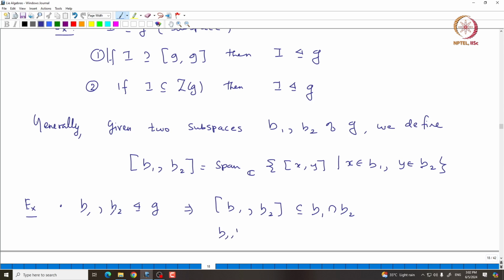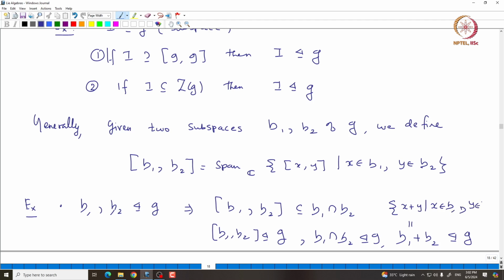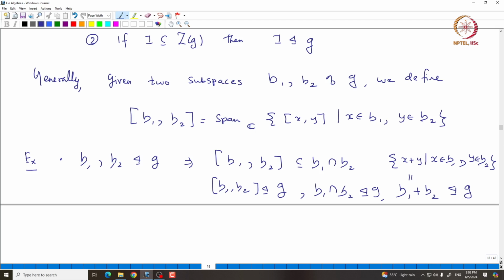The bracket [H1, H2] is an ideal inside G, and H1 intersection H2 is an ideal in G, and H1 plus H2, which is just the sum of all elements from H1 and H2, will also be an ideal inside G. These are simple exercises that are part of the general theory of Lie algebras.